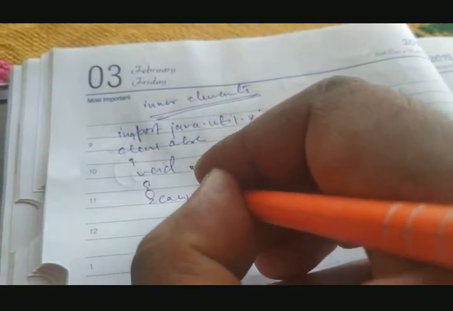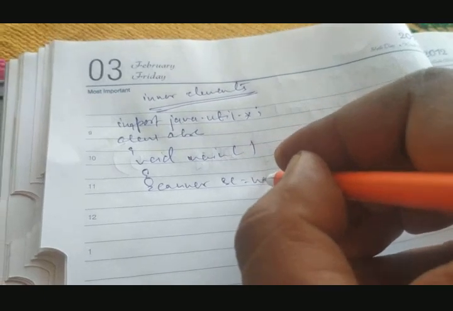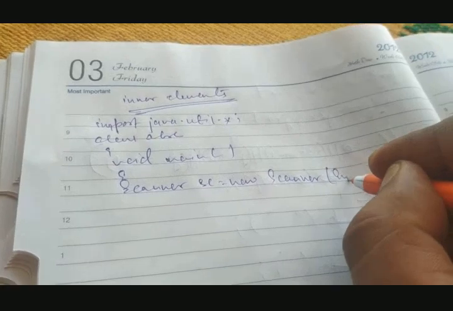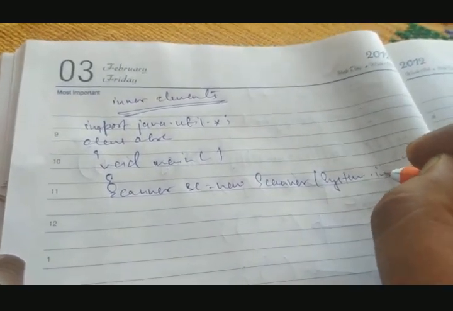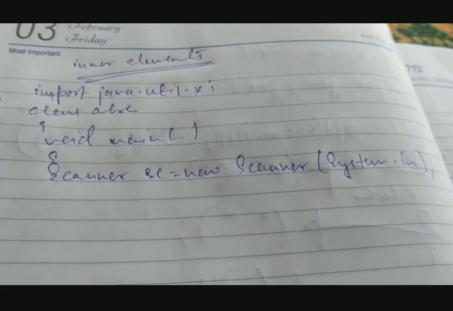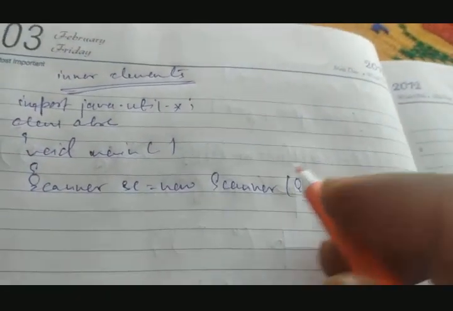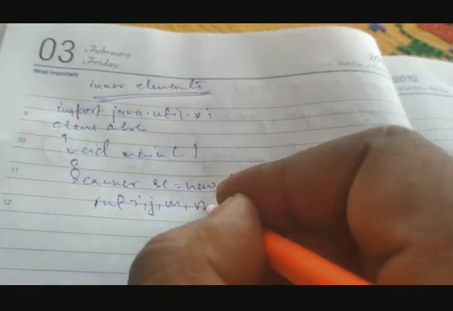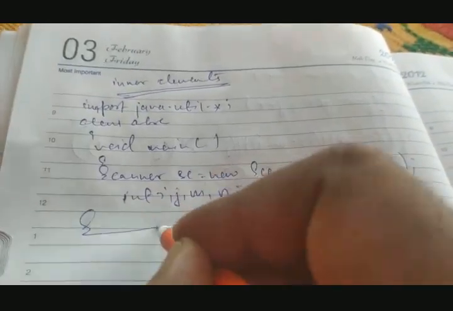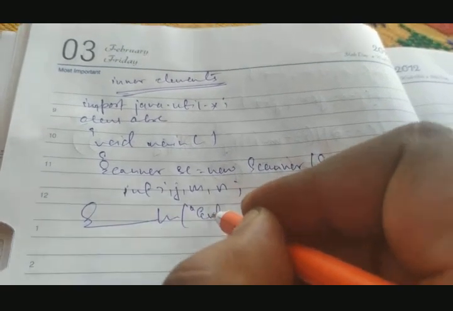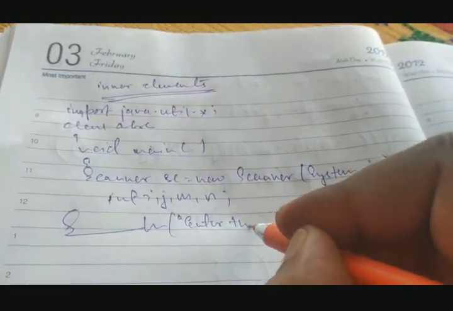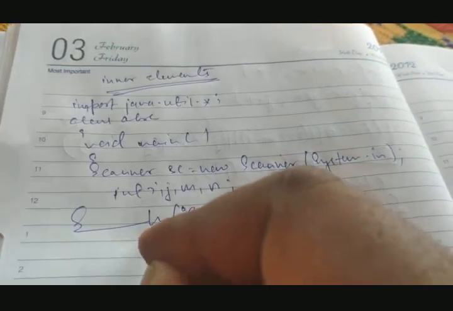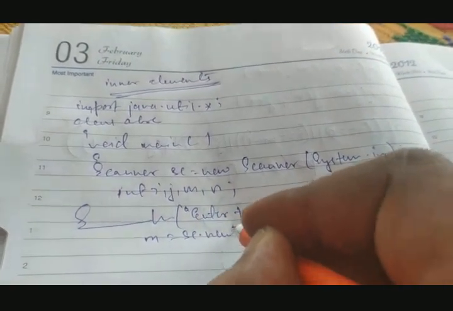Scanner sc equals new Scanner(System.in). int i, j, m, n. Enter the row limit: m equals sc.nextInt method.